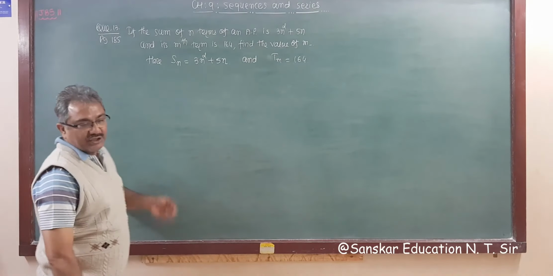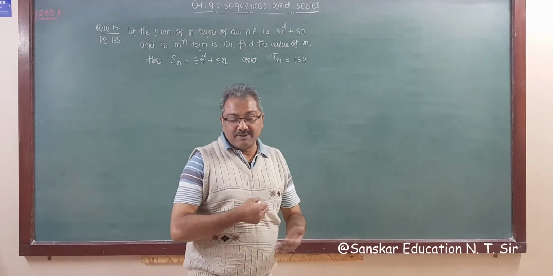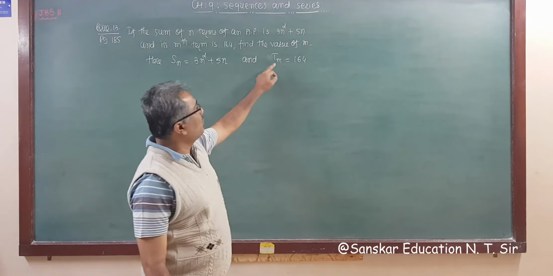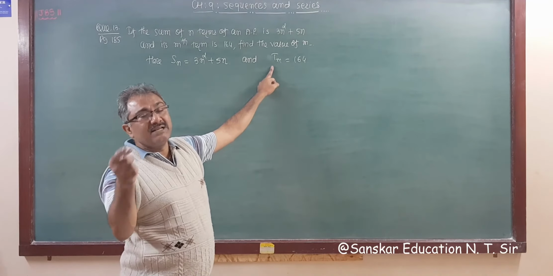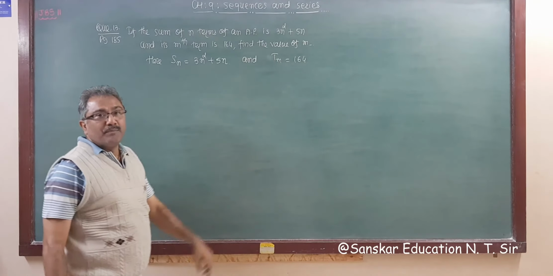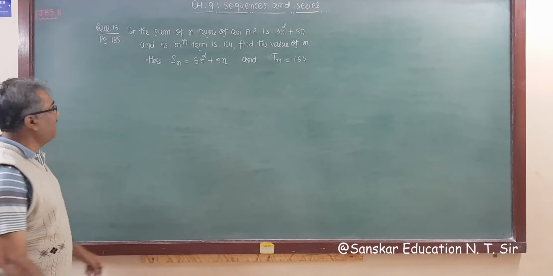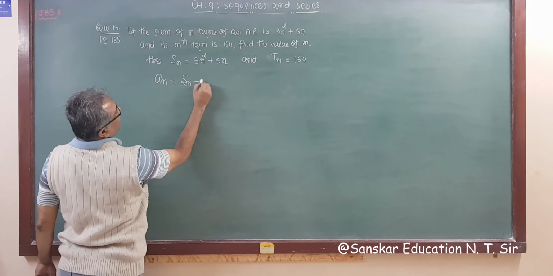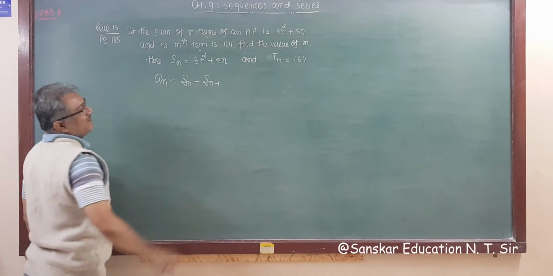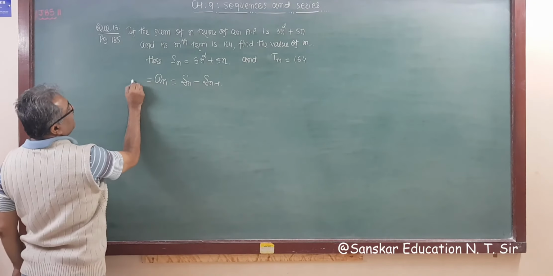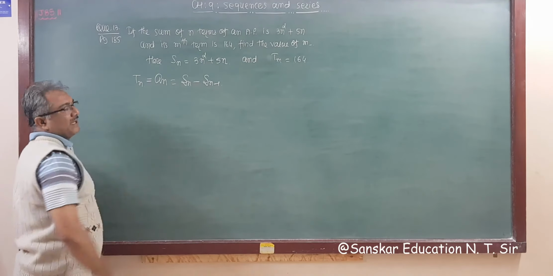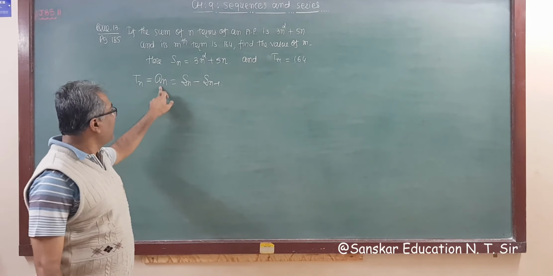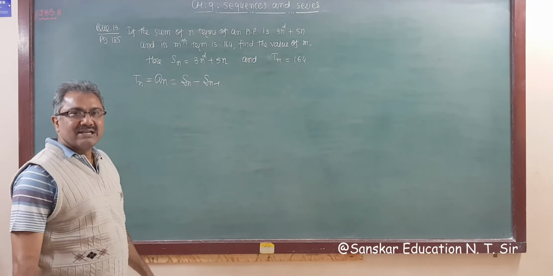तो ये जो क्वेश्चन है, इसमें हमें पहले क्या करना पड़ेगा, तो हमें n-th term फाइंड करनी पड़ेगी. So from Sn we have to go to Tn, the term. You had a formula, an is equal to Sn minus Sn minus 1. Either you can write here Tn, no problem at all, right? But I made you write it like this: an is equal to Sn minus Sn minus 1.